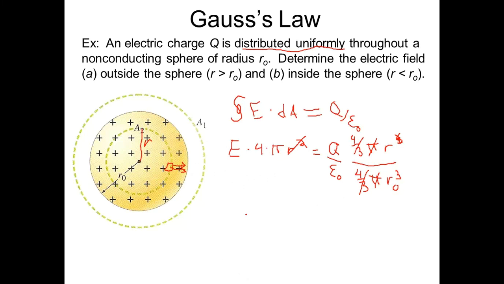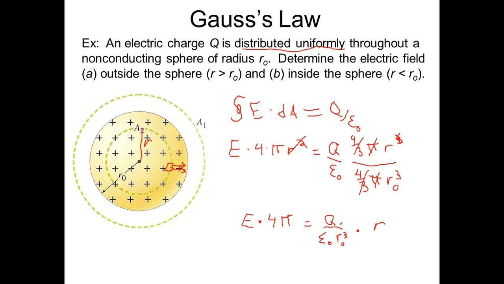And so now I have E times, that's not subtract, times 4 pi equals Q over epsilon naught r naught cubed times r.